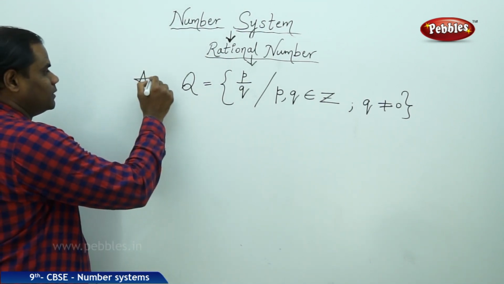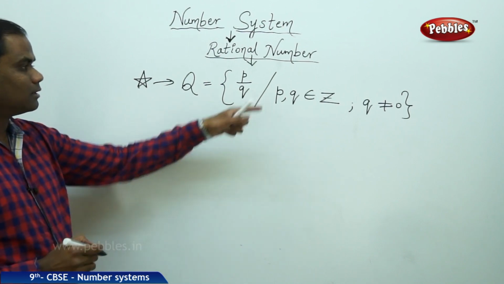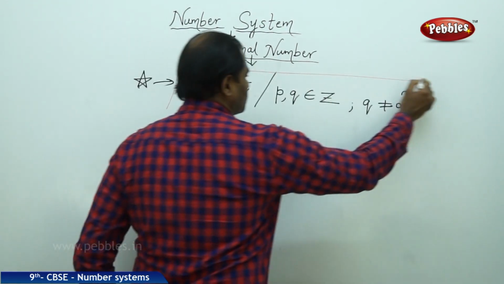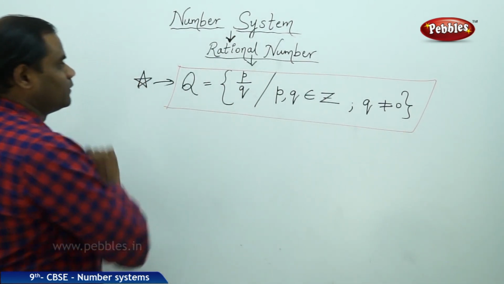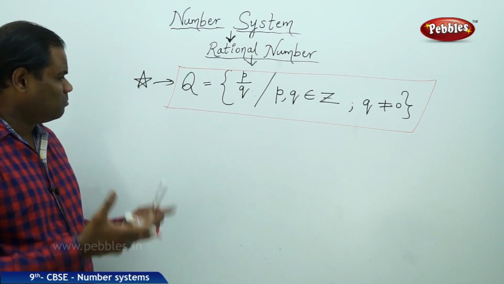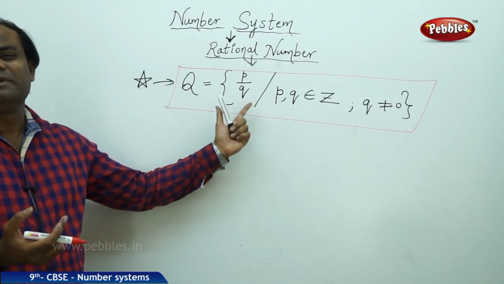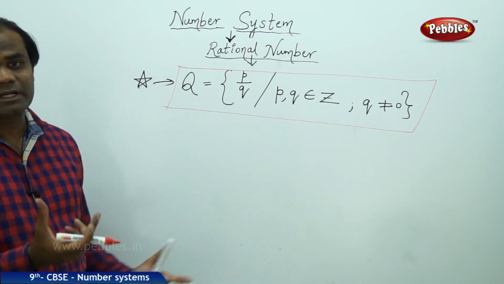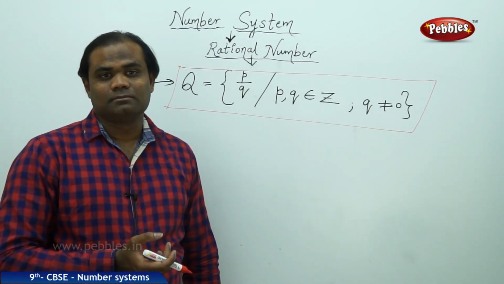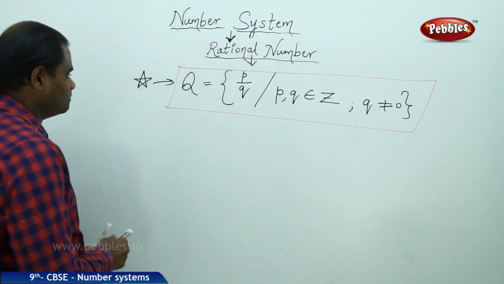So whenever we think of rational numbers, we think of this common formula Q, which stands for the set of rational numbers. Let's see more in brief how we define a number to be a rational number based on this set notation. Let's try with an example problem.